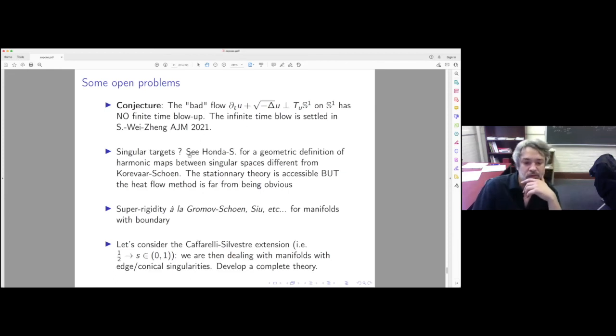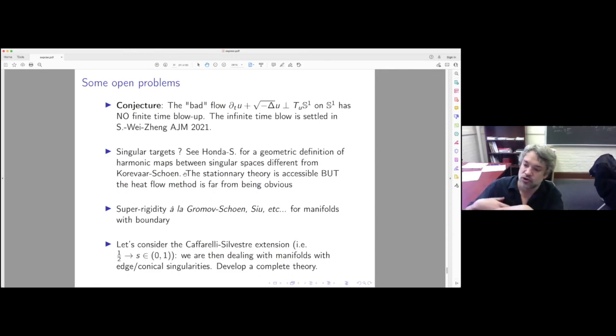I think one of the most interesting things in the parabolic theory for harmonic maps, and it's largely open even in the classical theory, is how do you construct a weak solution when the target starts being singular? In the elliptic case there are some famous papers by Korevaar and Schoen, and after that many people, like my colleague Chikako Mese and Georgios Daskalopoulos.